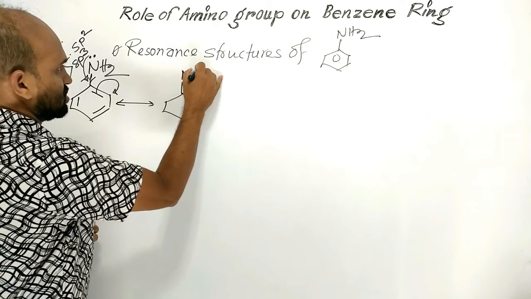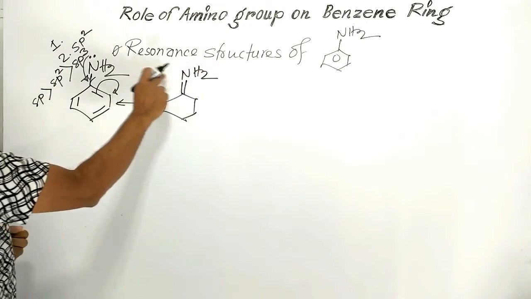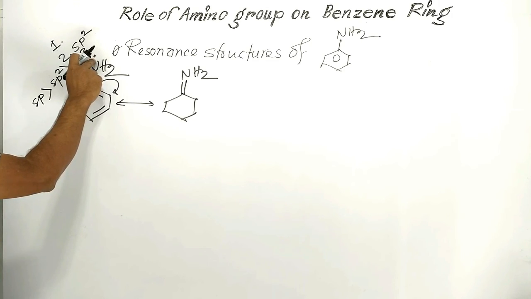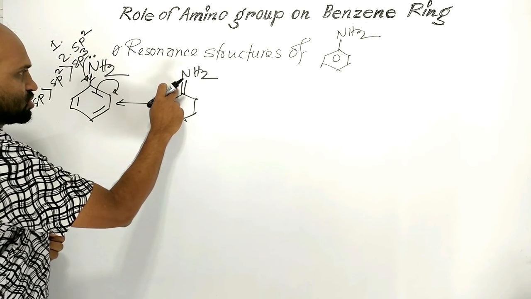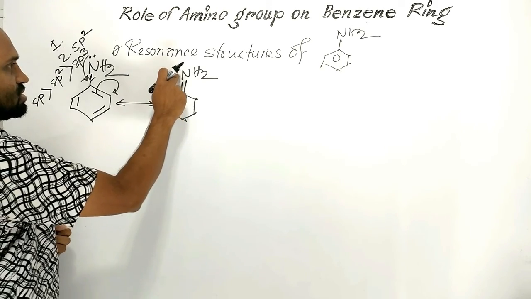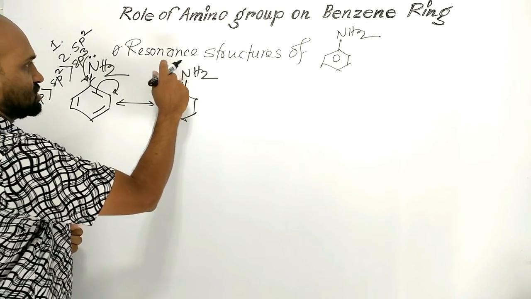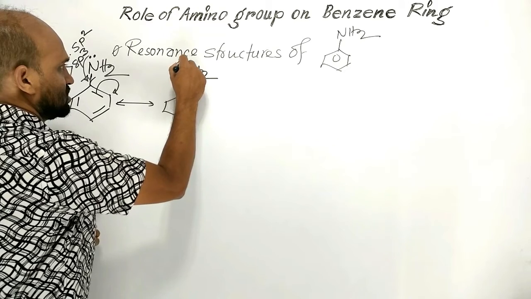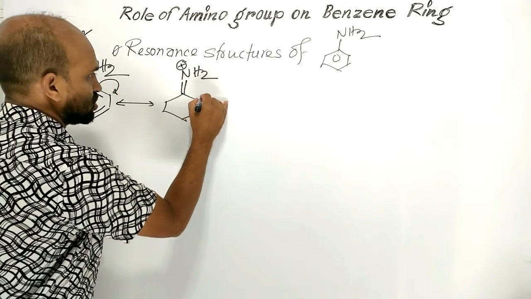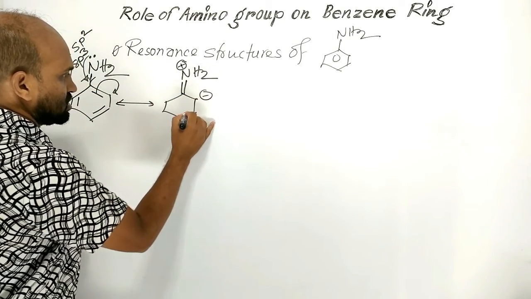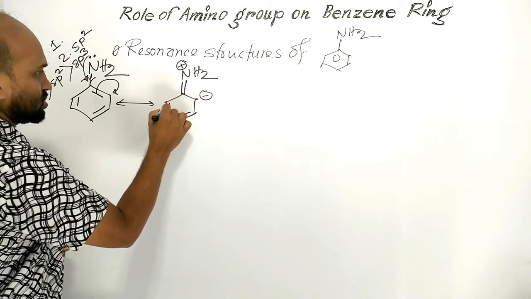Double bond, NH2. Here the lone pair of electrons turns into bond pair. That is why double bond. At the same time, nitrogen gets positively charged. Here the bond pair of electrons turns into lone pair electrons. This is double bond, this is double bond.